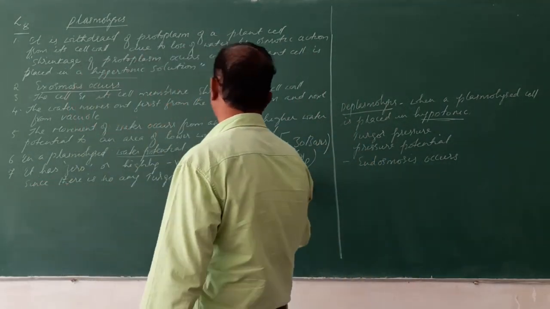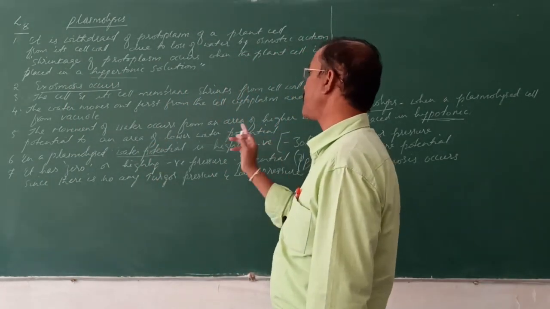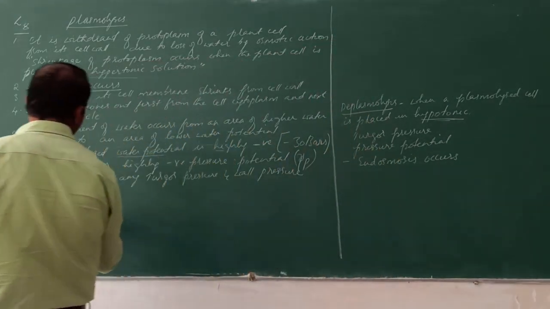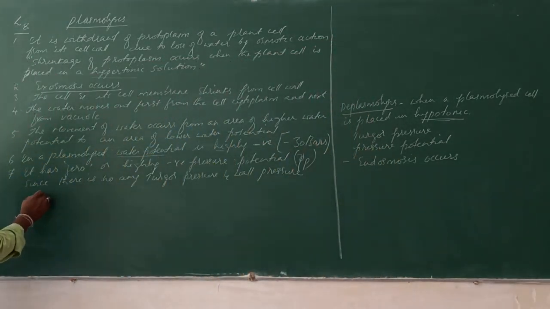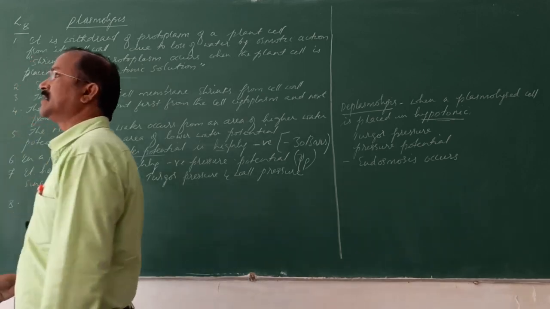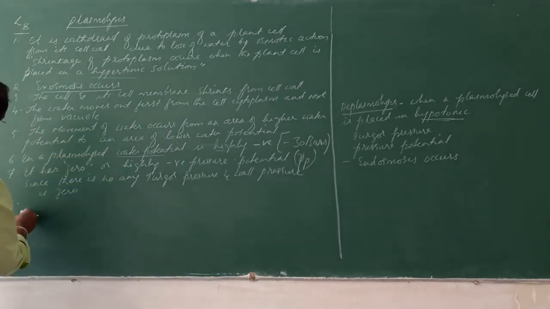Understand? So pressure potential will be negative. There is no turgor pressure or wall pressure; they are in zero condition. And what is there in the cell? It has more solutes, so osmotic potential is negative.